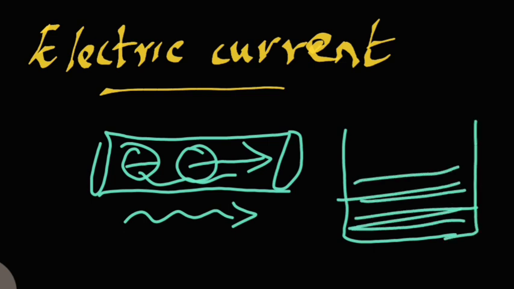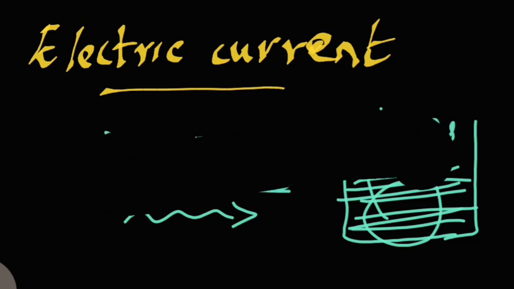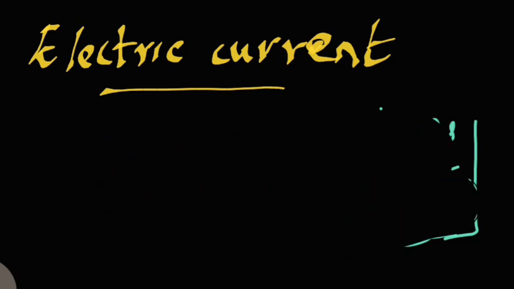When we are doing electrolysis, you must have come across the word electrolytes. So in electrolyte also the current will be conducted, and the particles which carry the electric current are ions. Positive ions are there, negative ions are there. So either the positive charge movement or negative charge movement will constitute what? Electric current. So we can say that electric current is the flow of charge.